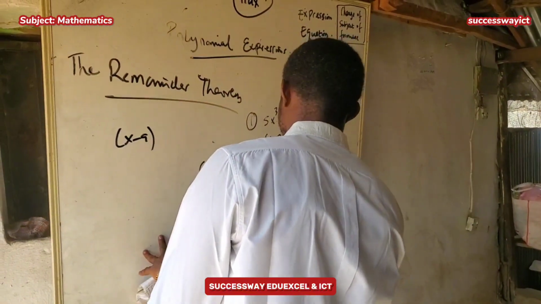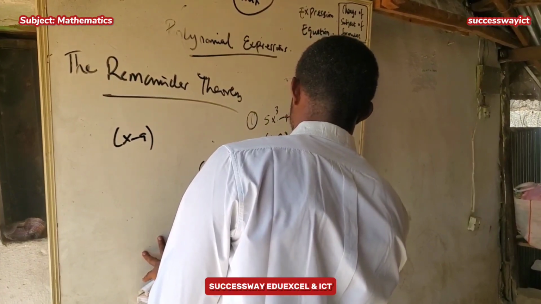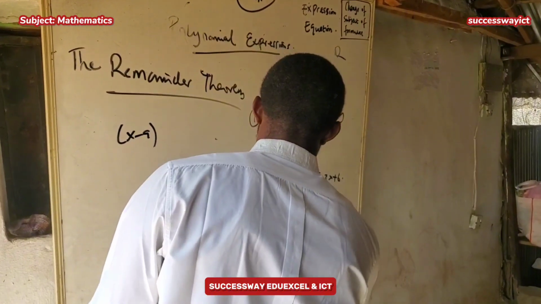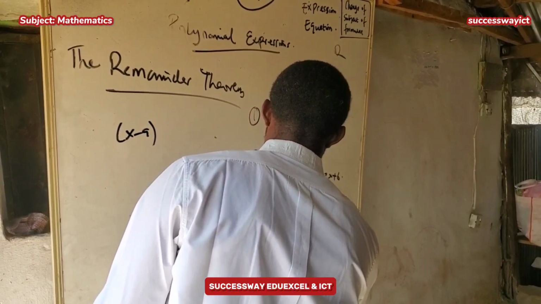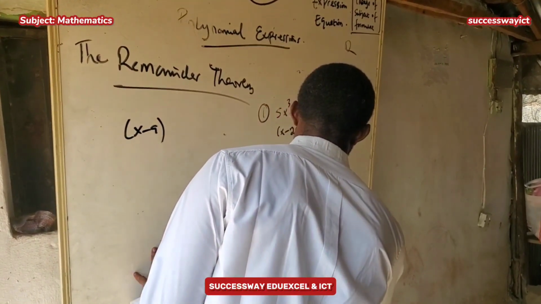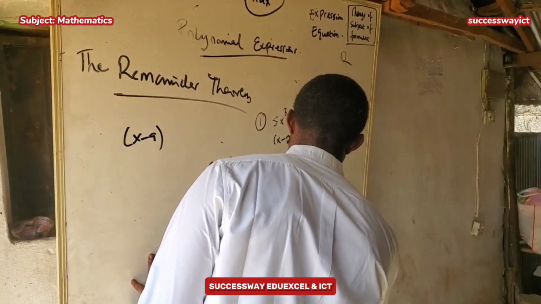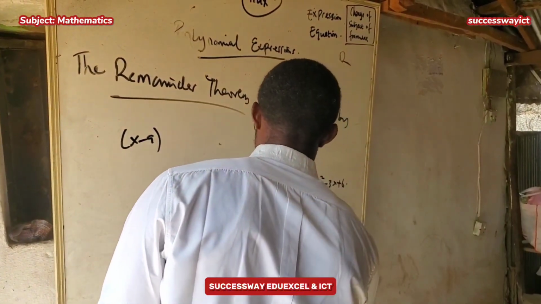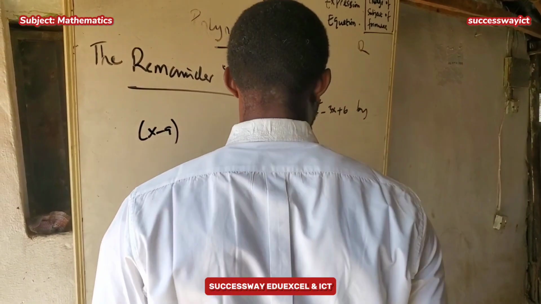We have 5x cubed minus 4x squared minus 3x plus 6 divided by x minus 2.